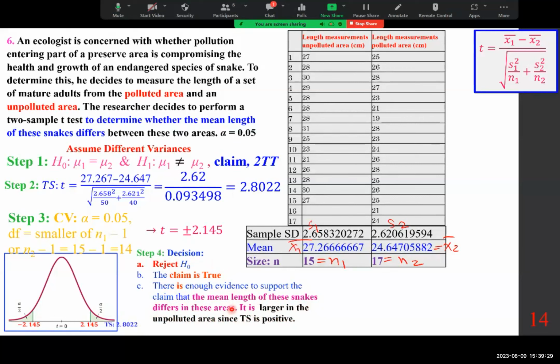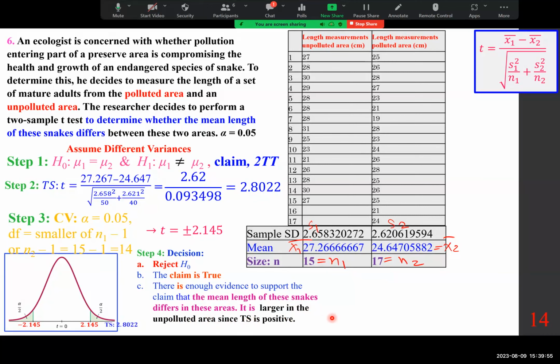Normally we don't write this part, but clearly parts A, B, C are understood. Because this is positive and because we are rejecting H0, that means this is larger. If it were negative, that means it would be smaller. So it is larger in the unpolluted area since TS, the test statistic, is positive.